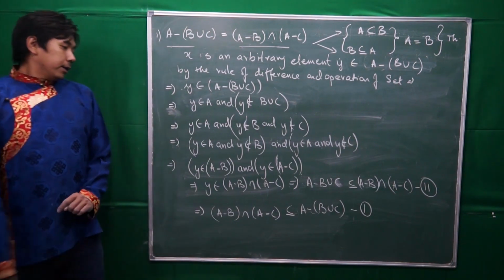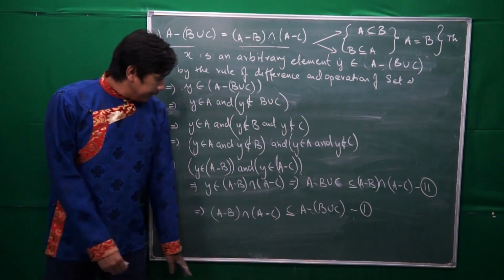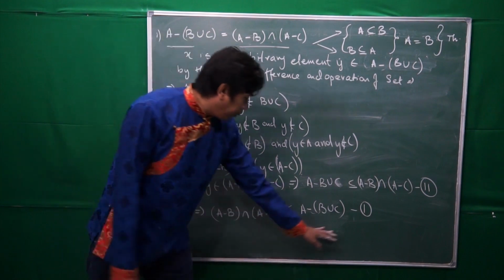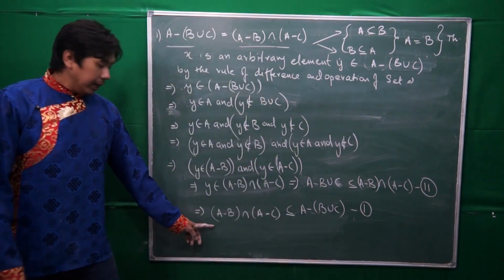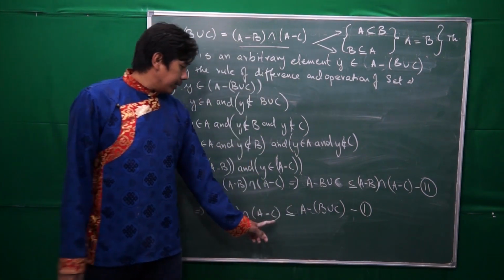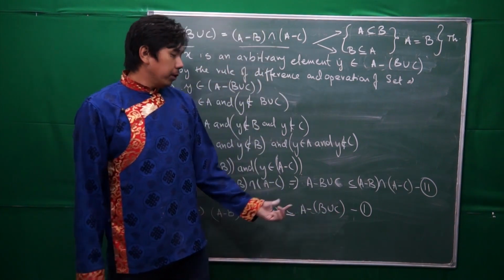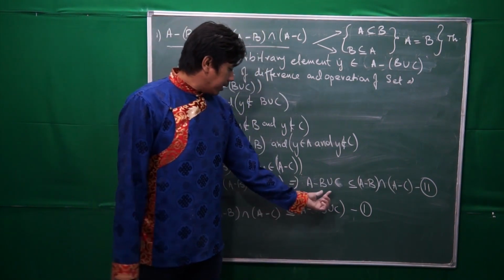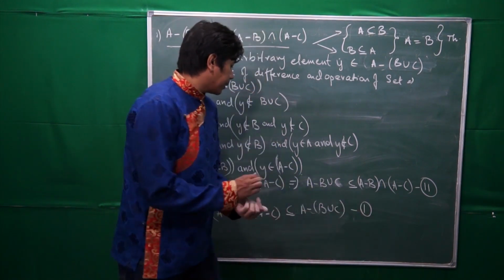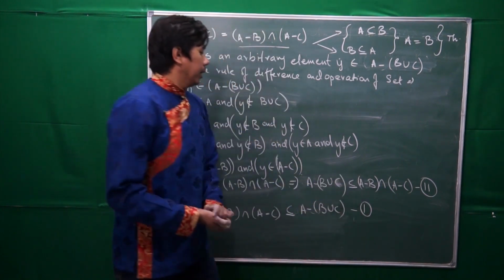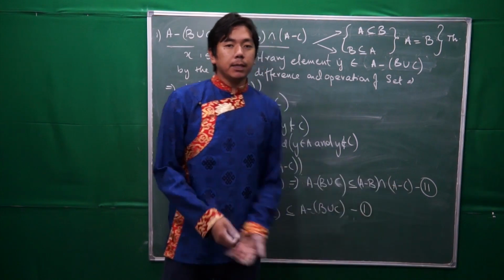Clear? Now we can see clearly that from equation number 1, what has been proved is (A minus B) intersection (A minus C) is a subset of A minus (B union C). And from equation number 2, we reciprocate it: A minus (B union C) is a subset of (A minus B) intersection (A minus C).